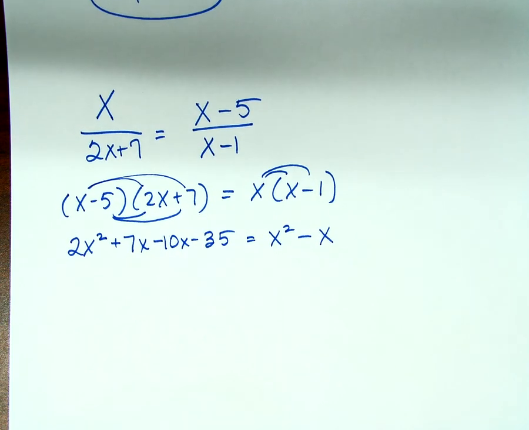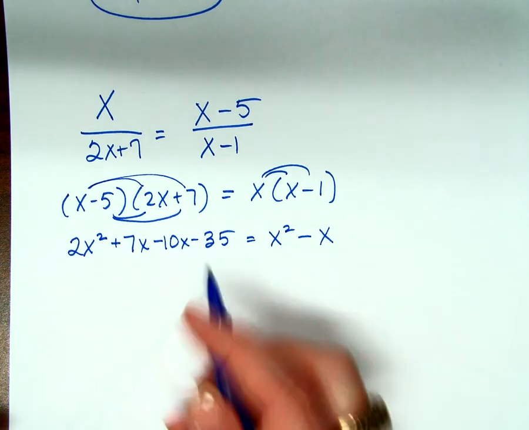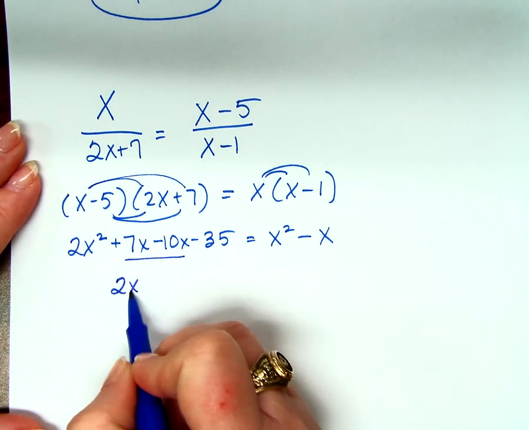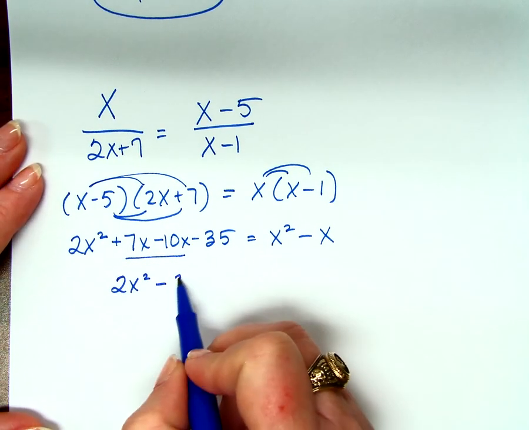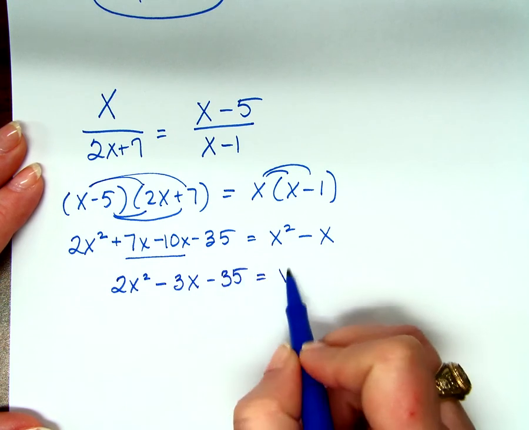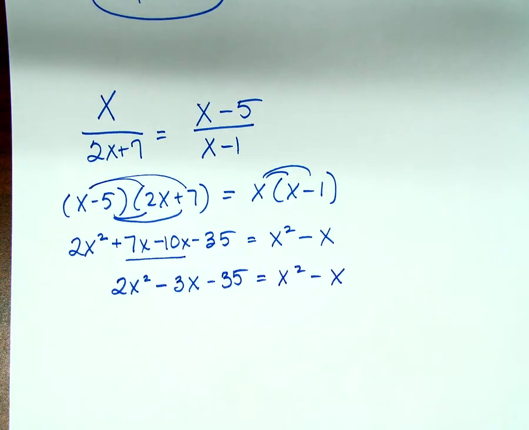We good? Now what? Combine like terms? These two? Okay, so 2x squared minus 3x minus 35 equals x squared minus x. Okay? Now what?